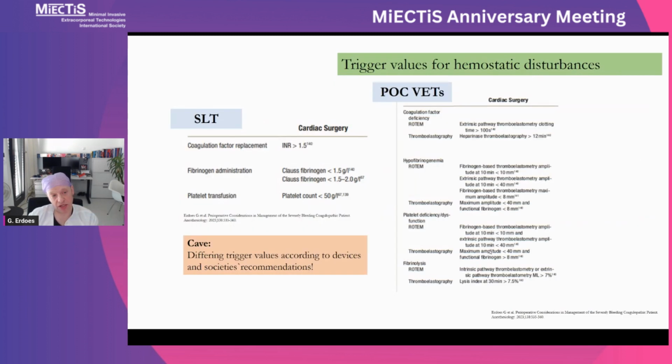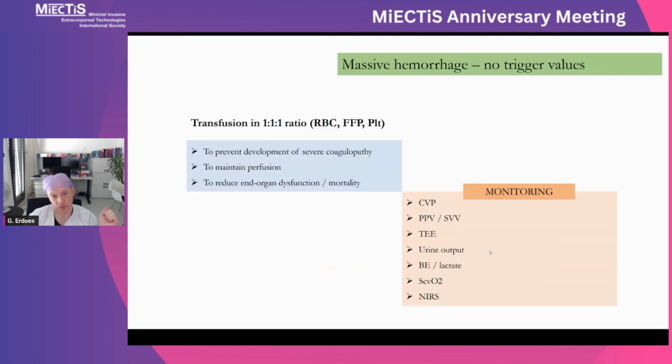If you are going back to the standard laboratory test and the point-of-care laboratory test, of course, we have some trigger values for both of them, but again, there's a huge difference between trigger values according to devices and society recommendations.